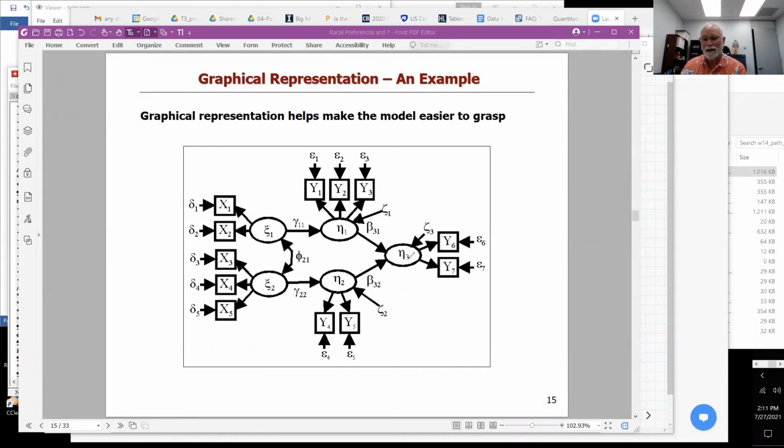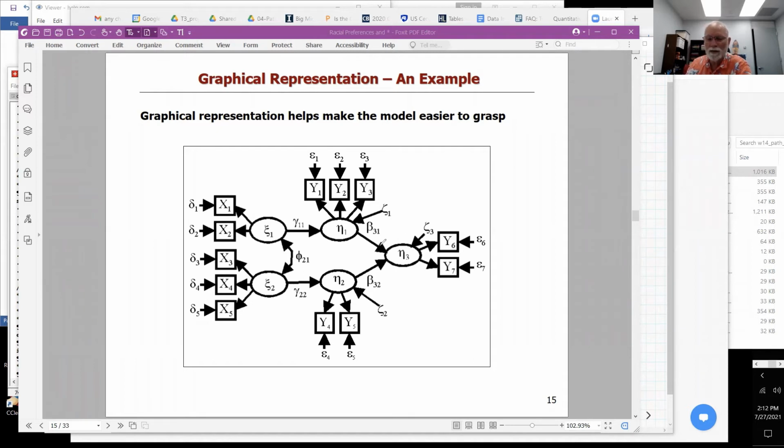Okay, well this particular model is saying that we have a latent variable, and we're modeling how it's connected with two observed variables. That is part of this model. Then we have another latent variable, represented by eta. Why is it represented by the Greek letter eta?